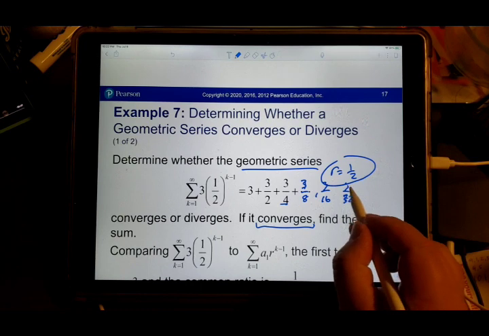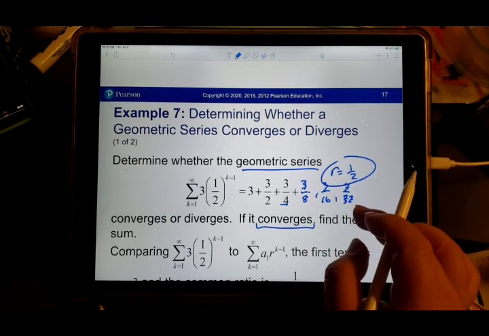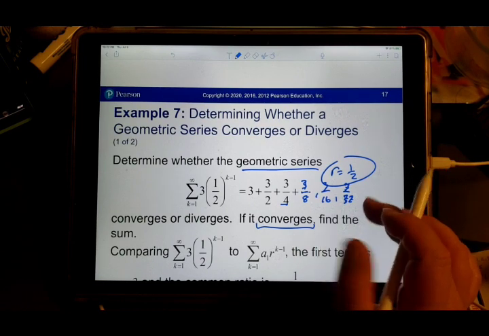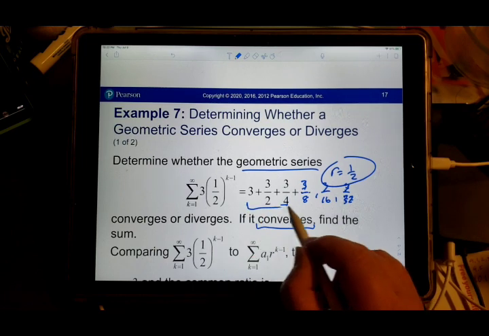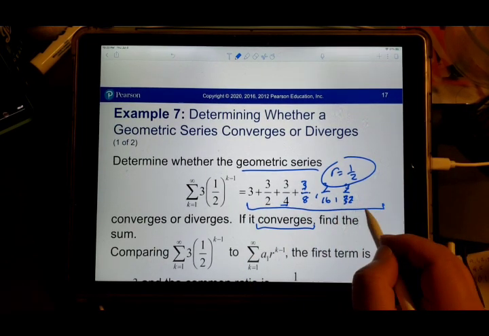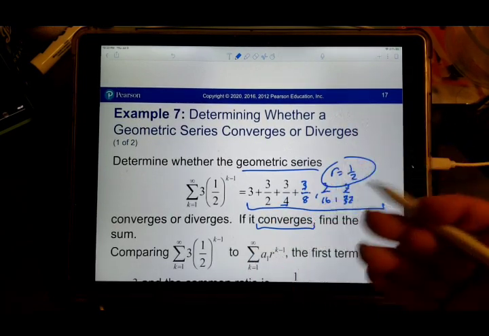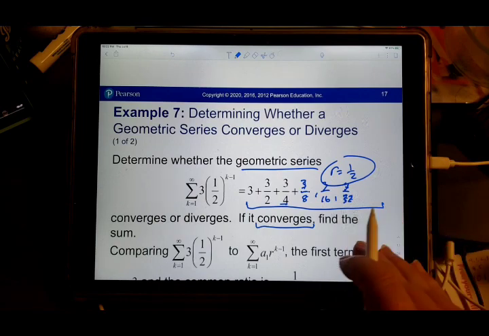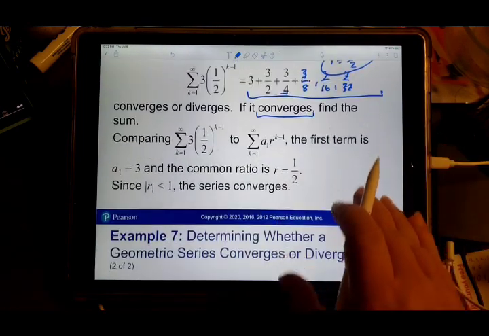After a while, the fractions will just get a lot smaller. They'll get so small that after maybe the first 20 terms or fewer than that, we're going to get very, very close to the infinite sum that this possesses. But there is an infinite sum, and it's going to be a fairly small number.